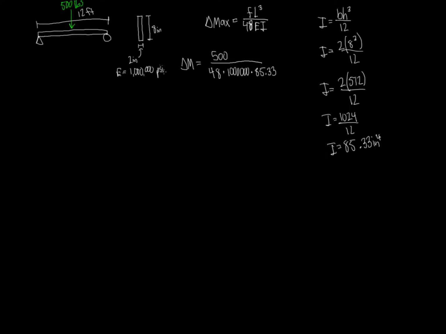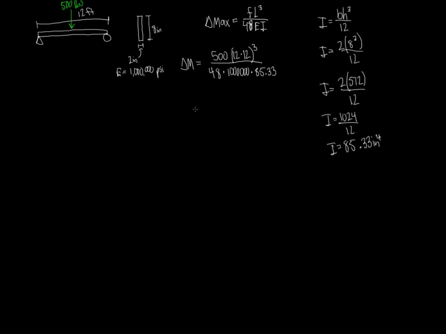Now, our L, we have to do something with. These are in inches, which means this is in inches. Problem is that 12 feet is not in inches. So we need to make that inches. If we want to break down that L a little bit further, we have to convert the 12 feet into inches. So it's going to be the 12 feet times the 12 inches in every foot, and we're going to cube that.